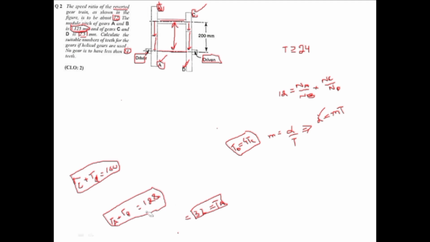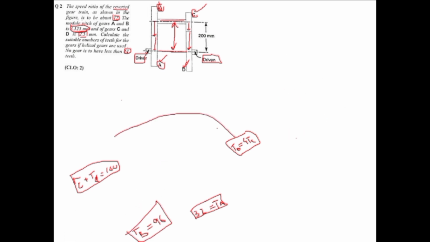To find out the value of Tb, you will have to put the value of Ta over here. 32 plus Tb is equal to 128, and bringing this 32 to the other side of the equality, it will give you Tb is equal to 128 minus 32, so Tb will be equal to 96.